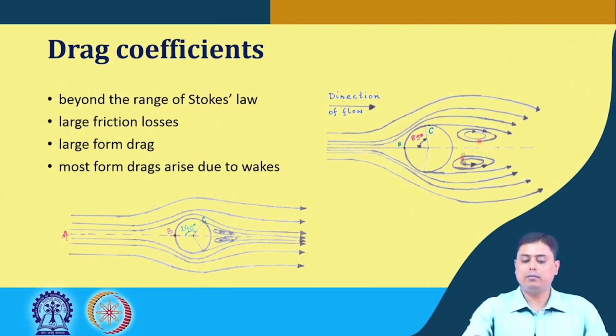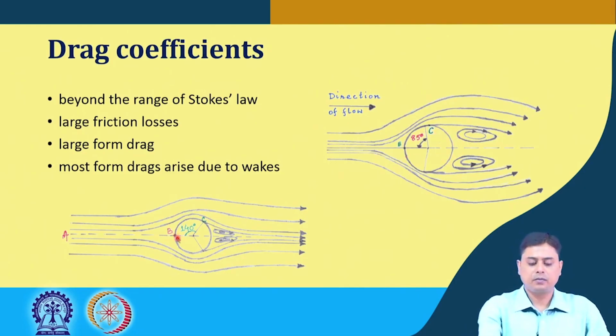Now this wake formation creates large form drag. In fact, most form drag arises due to wakes, and large frictional losses happen in these cases. Eventually it is seen that if you apply Stokes' law in such cases, it doesn't give you the appropriate value, and in fact the actual values are much higher than the values estimated by Stokes' law. So this is the case of laminar flow across a spherical object.